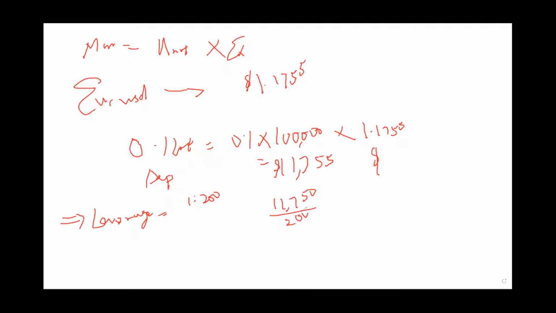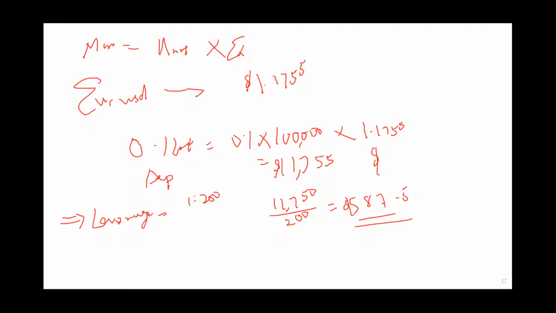At the end, what you're going to have is about $587.5. Can you see how leverage beats down what your margin is supposed to be? So this is now the margin for this trade.